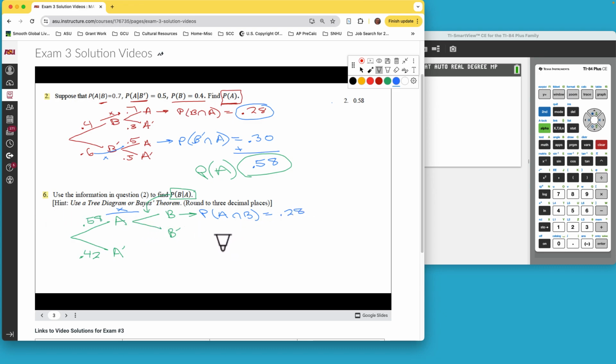So what we have is 0.58 going forward, and we multiply that by the probability of B given A, and we would get 0.28. To solve for the probability of B given A, we simply divide by 0.58 on both sides.